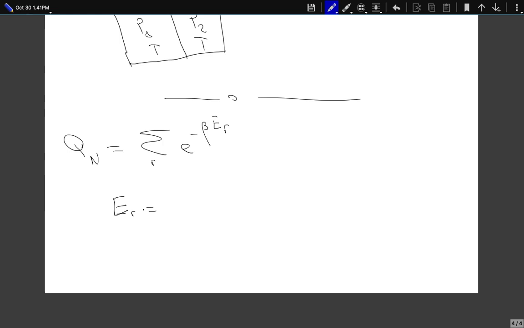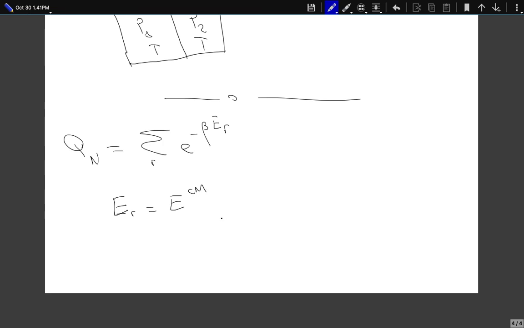Let's try to identify several degrees of freedom also. Let me write it in this form. There is a center of mass degrees of freedom. Most of the time we just go to a reference frame in which this is 0.